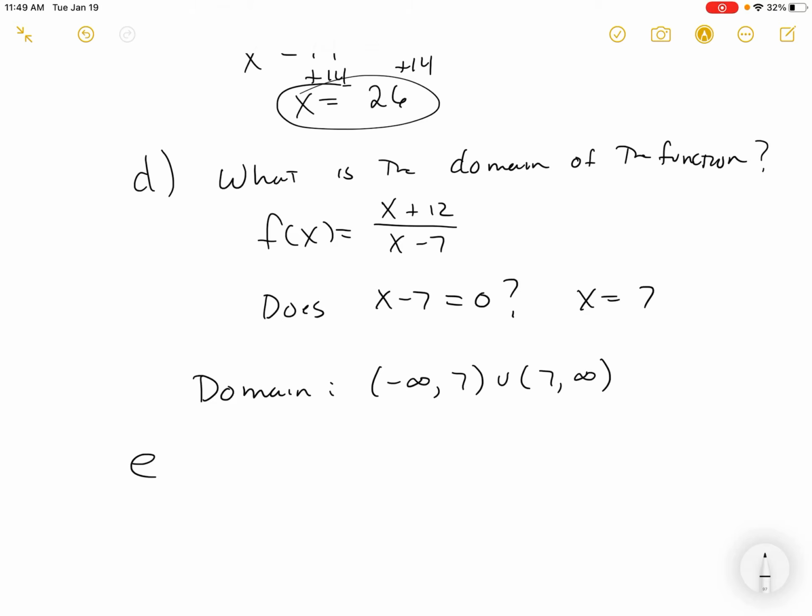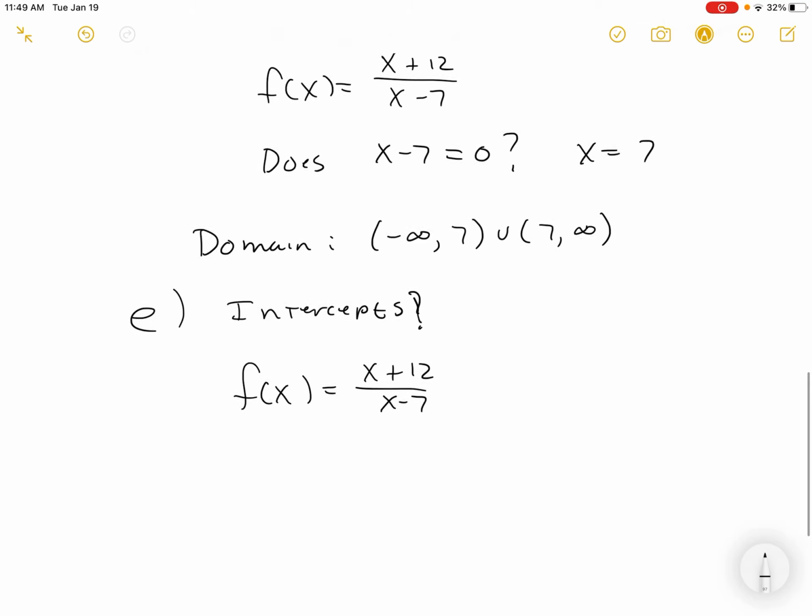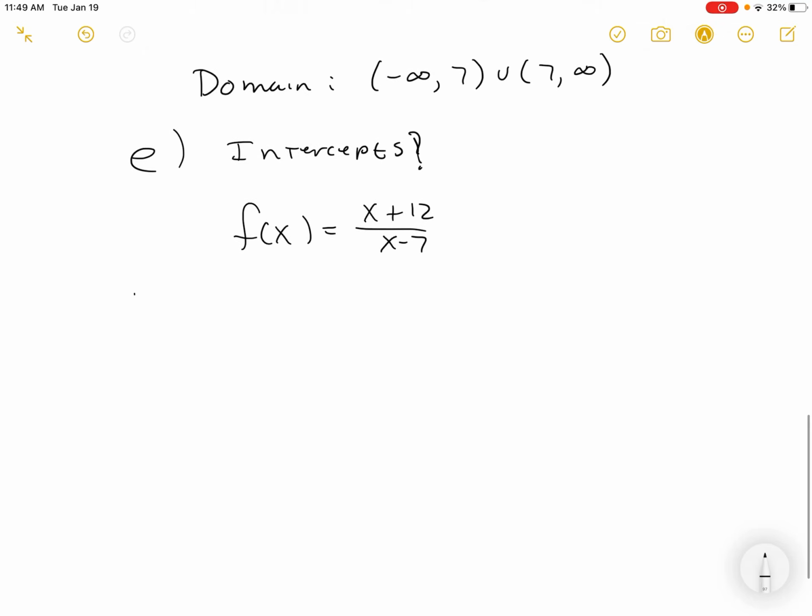And then E is going to ask, are there any intercepts? What are the intercepts? No problem, let me remind you of what the function is. It's up top still, but we'll bring it here. Well, we're hoping that you remember how to find intercepts. Let's find the y-intercept. Or maybe we won't find one. Or maybe we'll find two. How about the y-intercept?